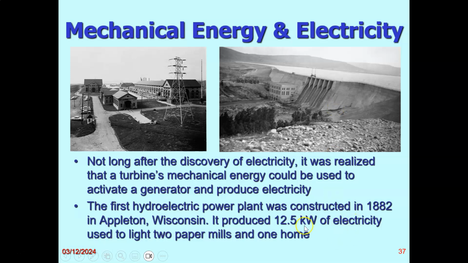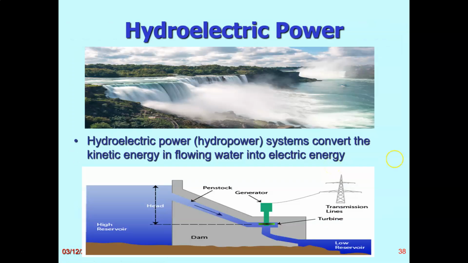Of course, the energy produced by the time was really small, 12.5 kilowatts, and it was used locally for lighting and supplying power to mills. So it was limited to a small area.